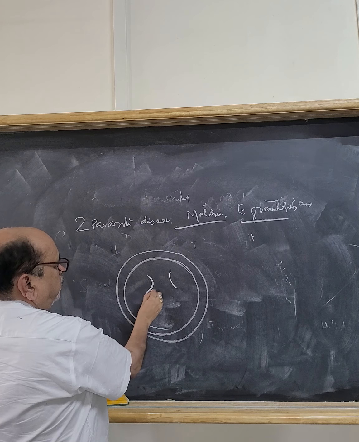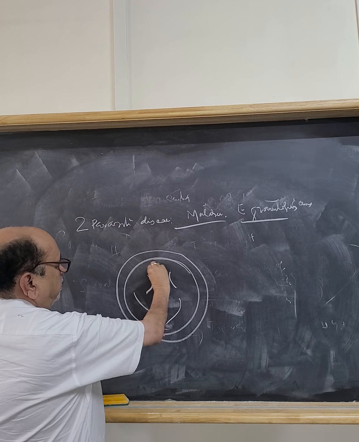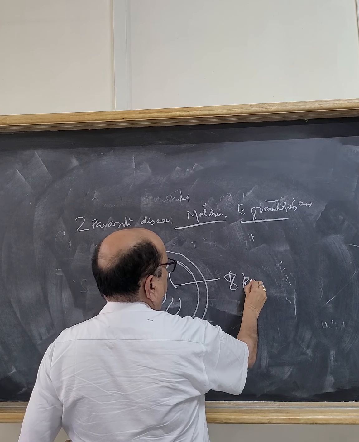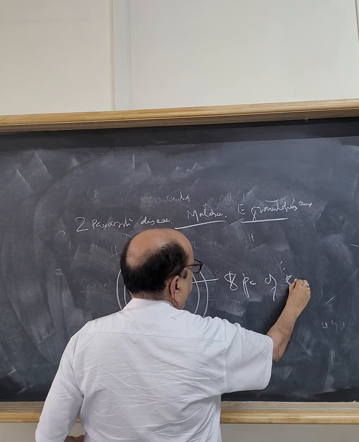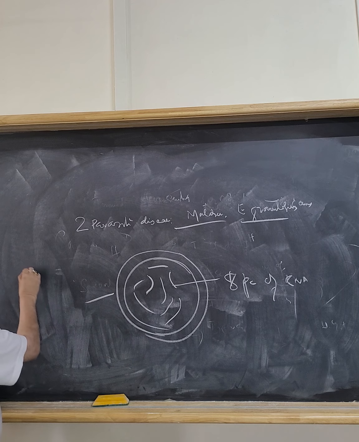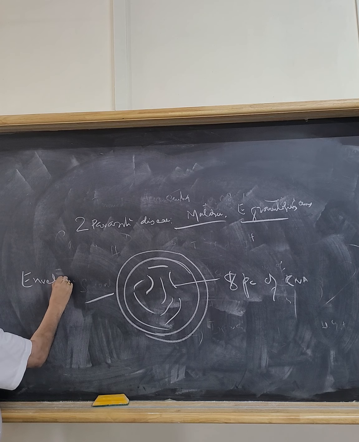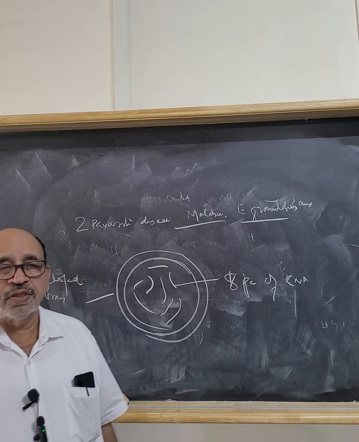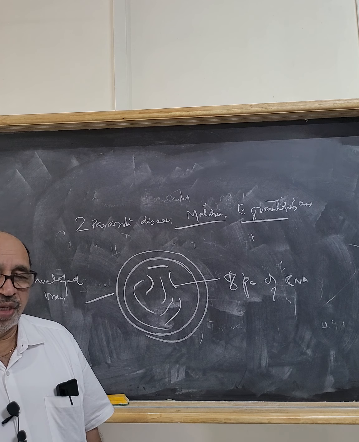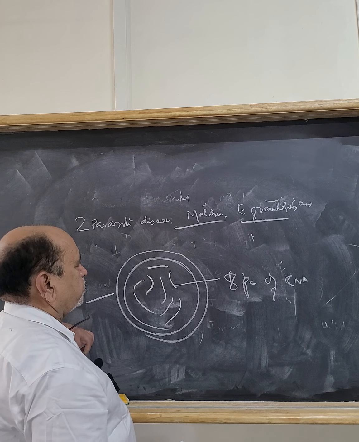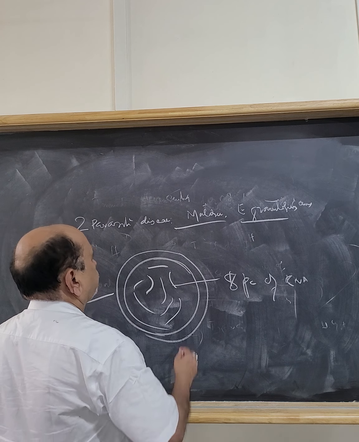It has 8 pieces of RNA. On top of that, it has 2 antigens.